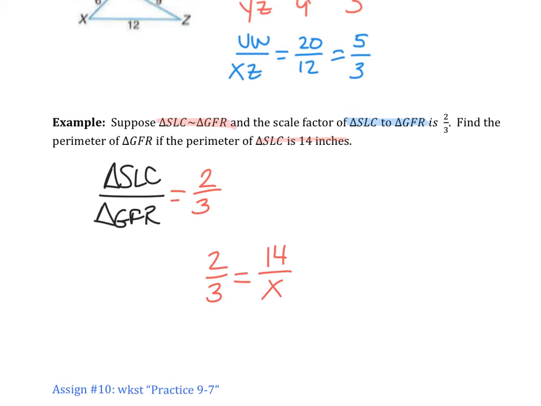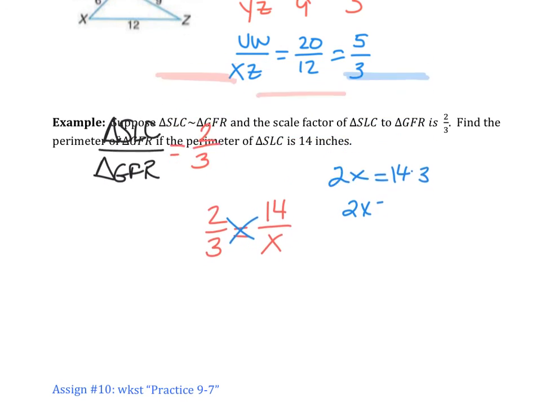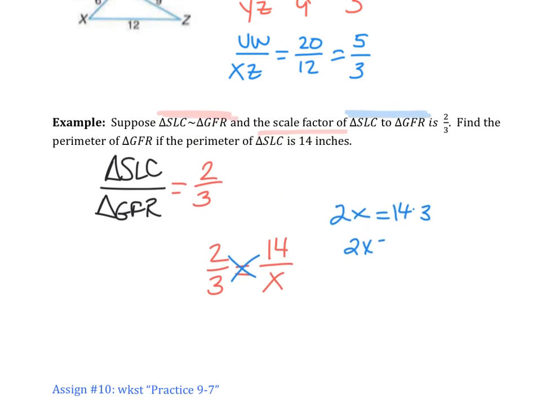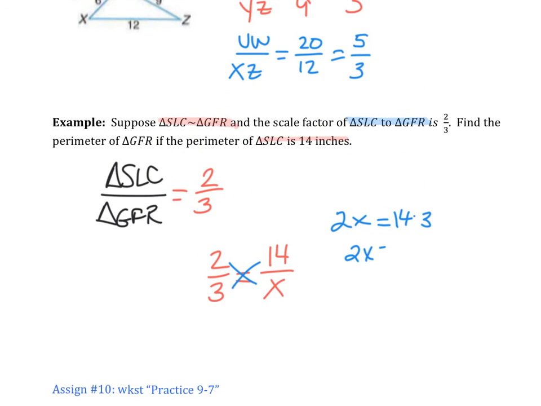Again, we're getting really good at our proportions here, so cross multiplying, I've got 2x equals 14 times 3, so 2x equals 42. Oops, there's my dead spot. Let's see if I can erase that, sorry. All right, well, we'll just go with it.